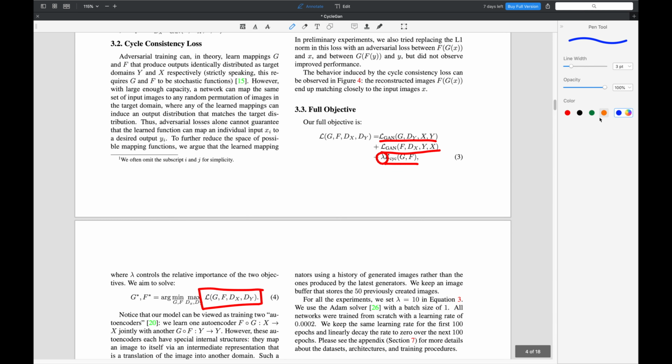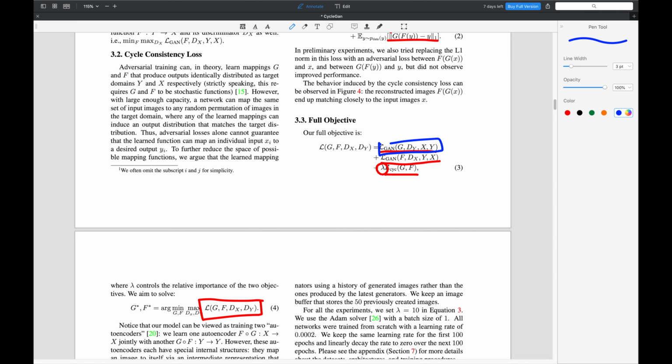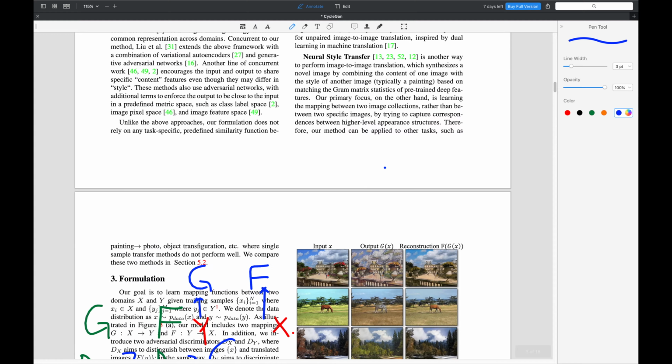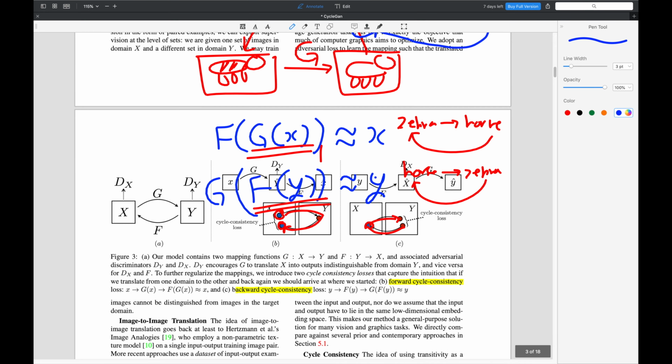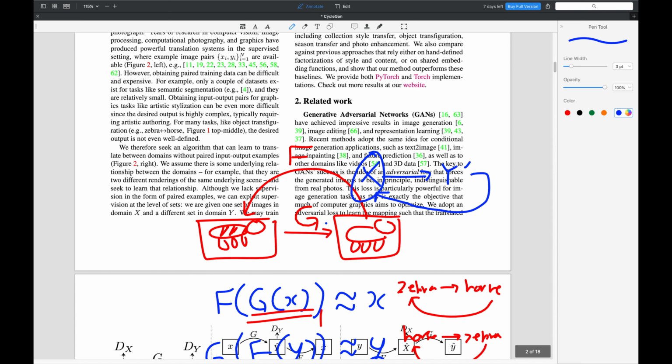Looking at the components again, the first component makes sure that the outputs from G are realistic and look like they're from domain Y. The second component makes sure that F generates realistic images that look like they came from domain X. Having only these two loss functions is not a good choice, because in the case of converting zebras to horses, it would simply generate a random-looking horse.